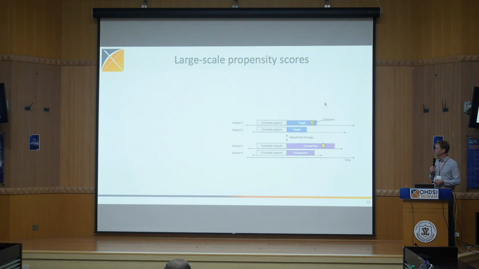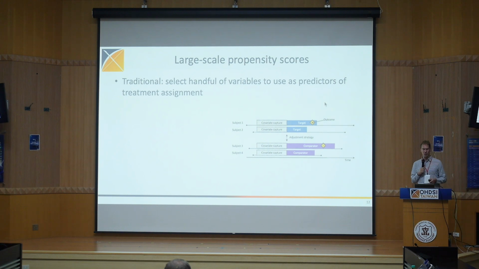Traditionally, the way that people do propensity scores is an expert thinks really hard about what confounders could be. They come up with a list of 10, 20 variables, and those go into the model. It's very hard to figure out actually what confounders are, and in fact, I think the experts often are going to be wrong or missing something.